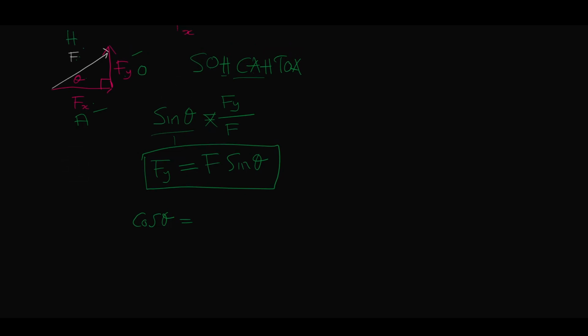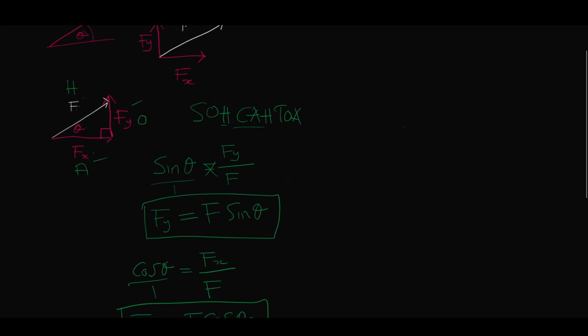The adjacent is Fx, so Fx over hypotenuse, which is F. And if we make Fx the subject of the formula, we're going to have Fx is equal to F cos theta, which is an expression for the horizontal component there.